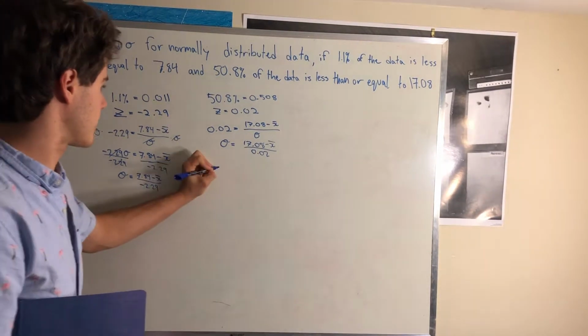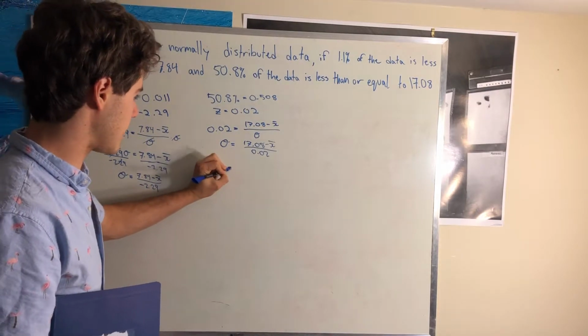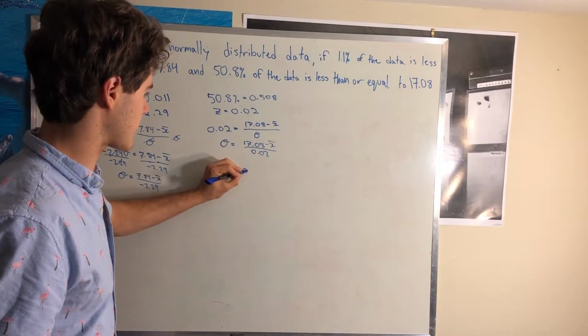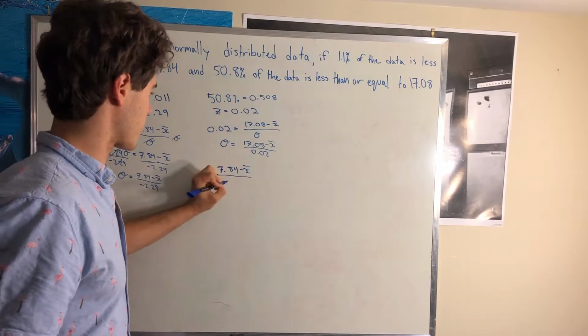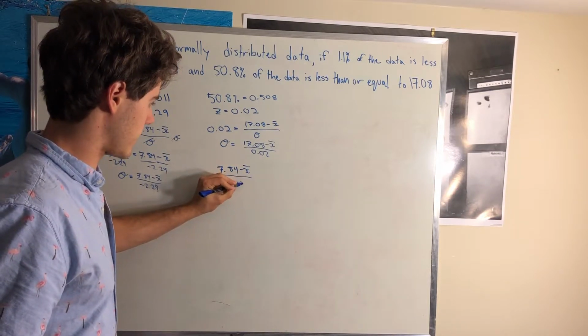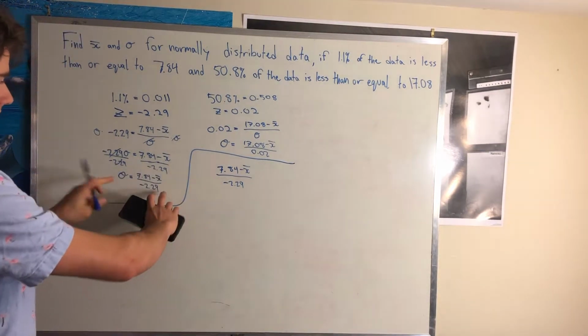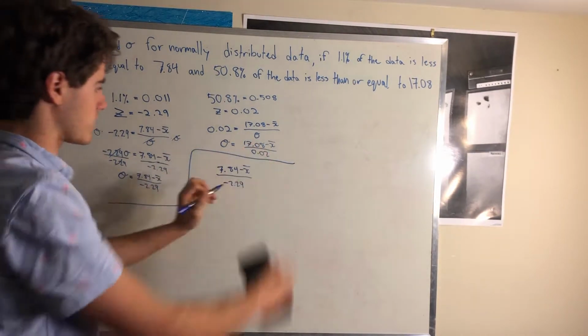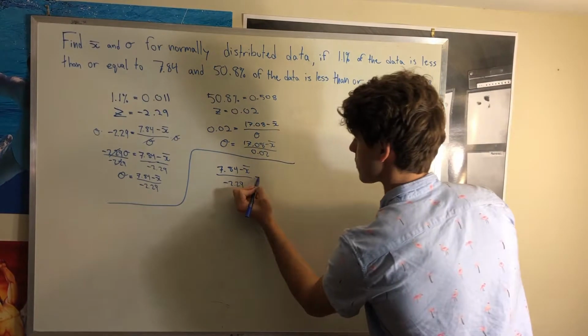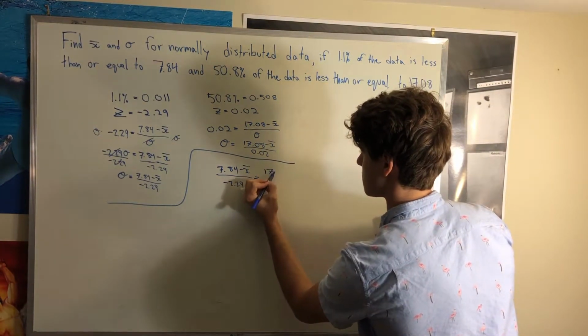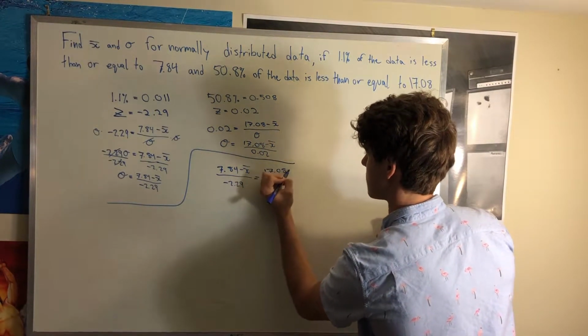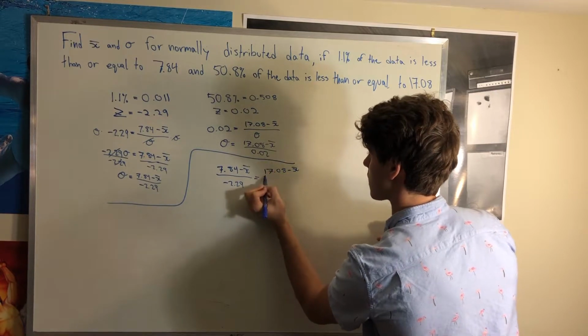So new equation, 7.84 minus x bar over negative 2.29. Here, let me just mark this off, show you that this is a new equation. So that's this, right? Equals this. Equals 17.08 minus x bar over 0.02.